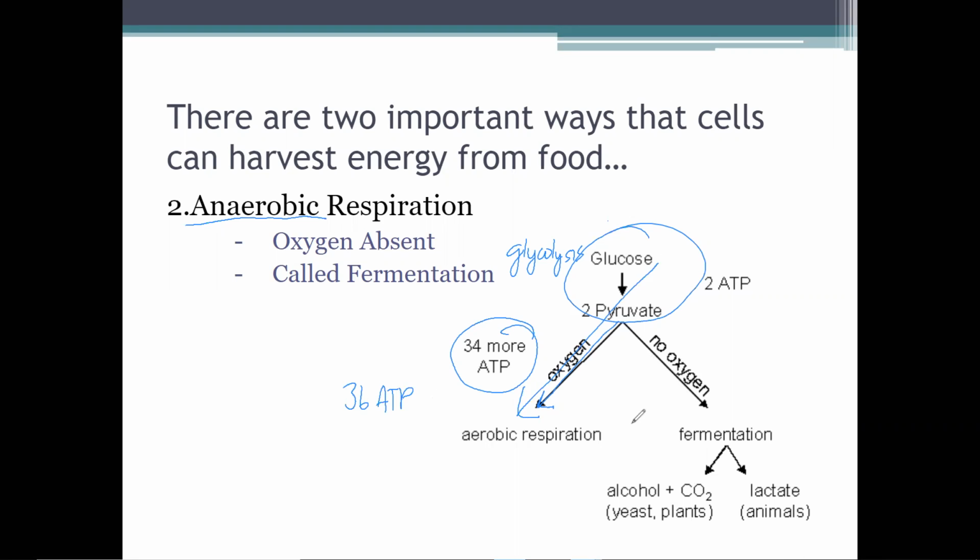However, if we don't do that and we go the other way, we don't get 34 more ATP. So this path, glycolysis to fermentation, produces a lot less ATP energy. So this path here going this way, this is what our cells want to do to be the most efficient.